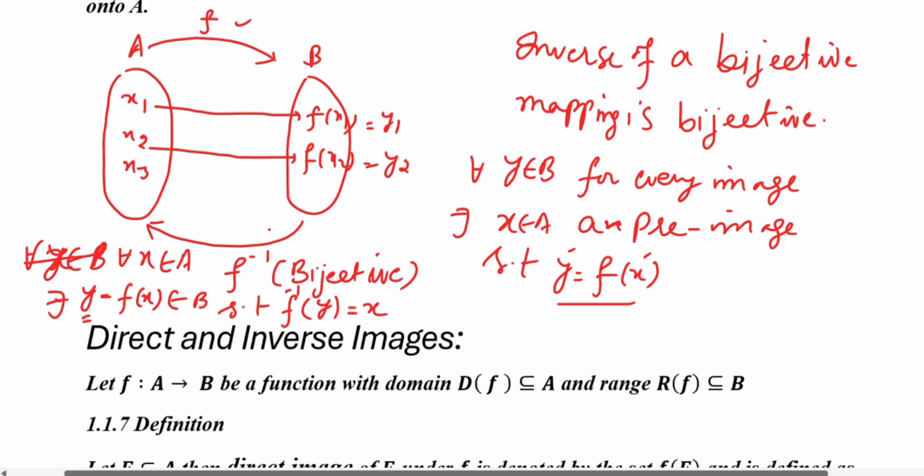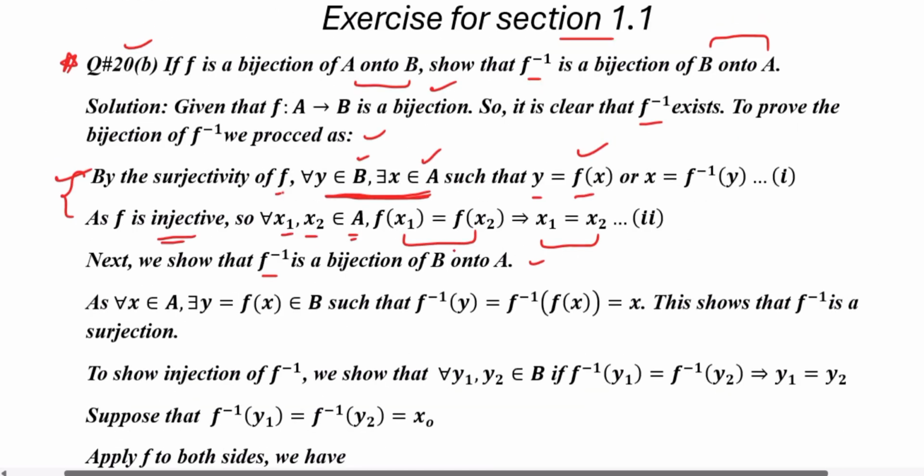Then I call f inverse a surjective function. As for all x belong to A, there exists a y is equal to f of x belong to B such that when I apply f inverse on y, as y is f of x, now f inverse and f both are the inverse function of each other.